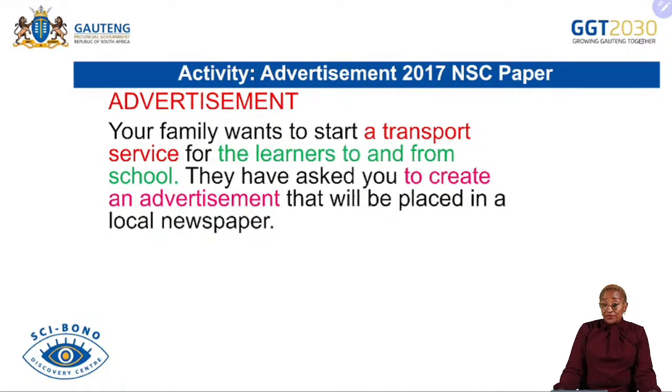From that brief, we get the type of service that we want to offer here is transport service. We also have the audience here, the target group, that is learners or parents who have school-going children. And that service will take learners to and from school.